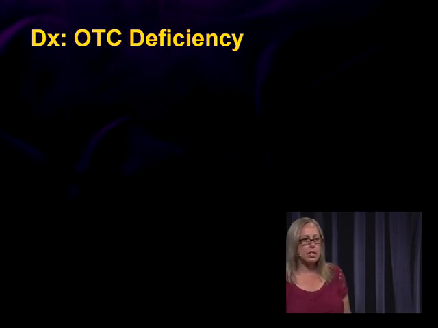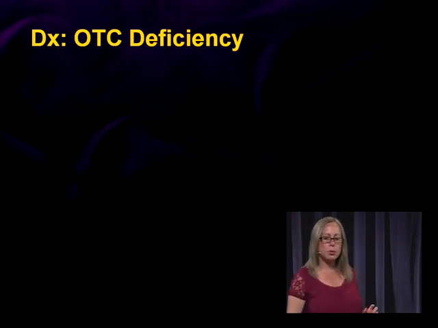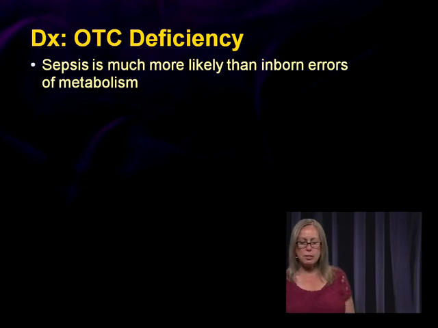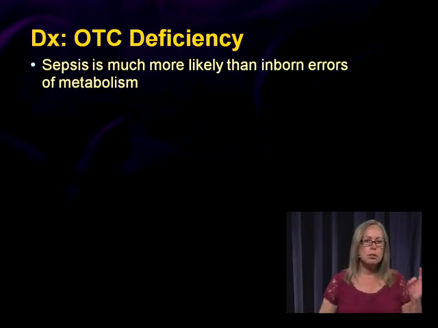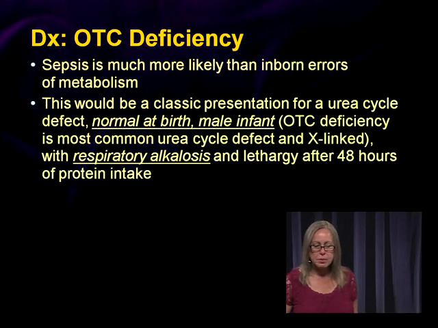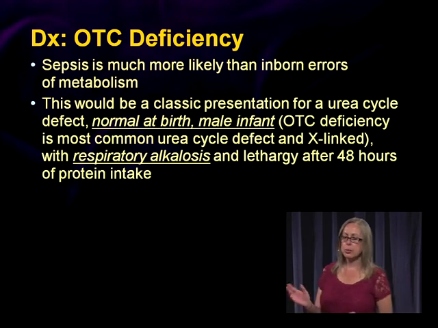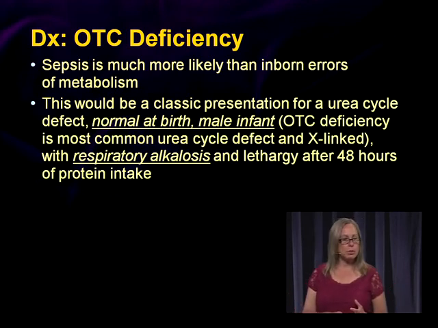So this is classic for OTC deficiency, or ornithine transcarbamylase deficiency. Again, sepsis is always more common than inborn errors of metabolism, but keep it in the back of your mind. This is a classic presentation for a urea cycle defect, normal at birth.